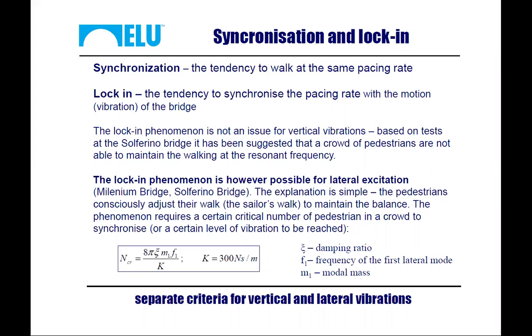And the reason for this is that they will simply lose balance, and they will slow their pace, or they will simply stop walking, and the resonant phenomenon will disappear. So lock-in will not actually be an issue for vertical vibrations.